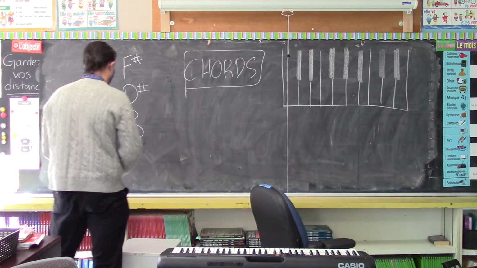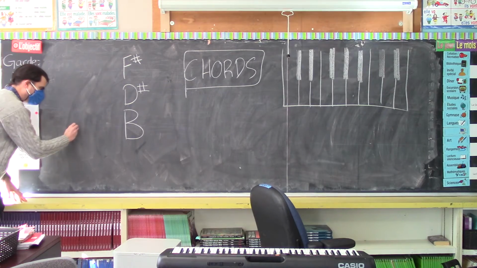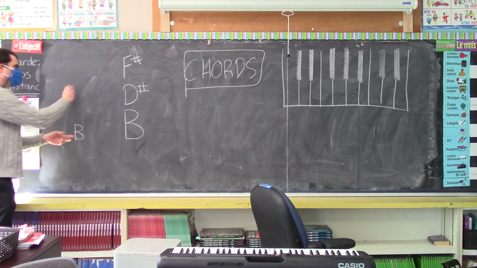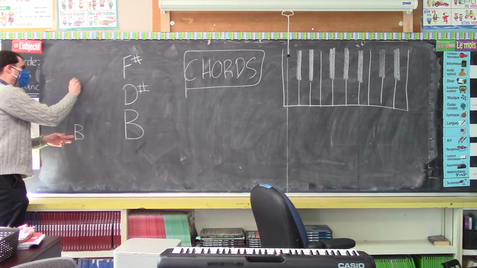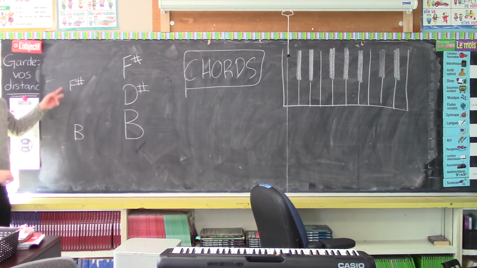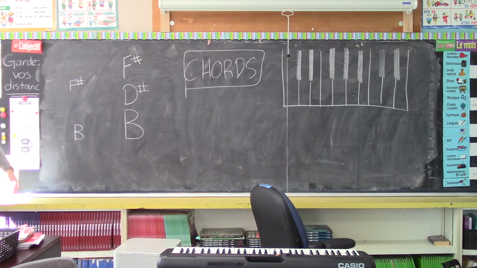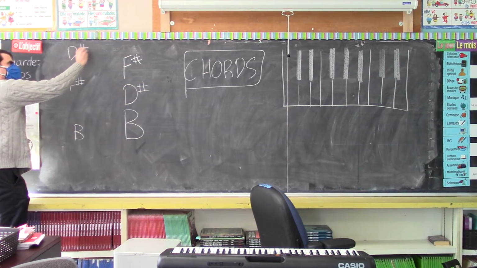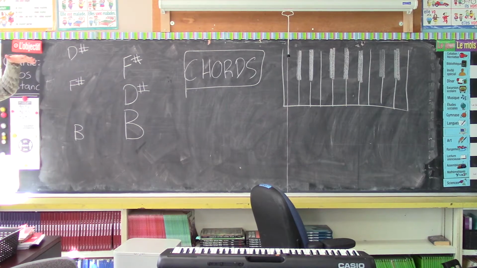However, you can have your root down at the bottom. You can have an F sharp an octave and a half higher than that, and maybe your D sharp a little bit higher than that. So in other words, spread out.